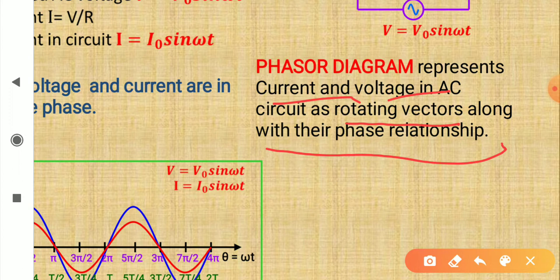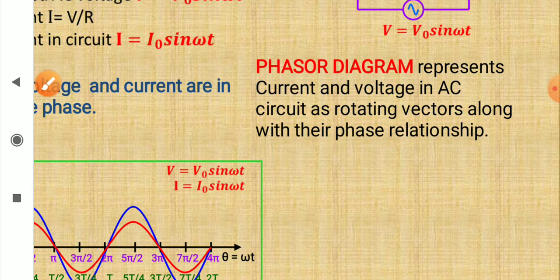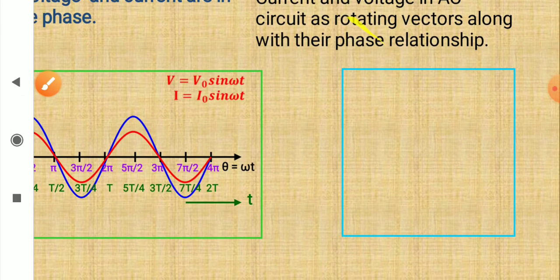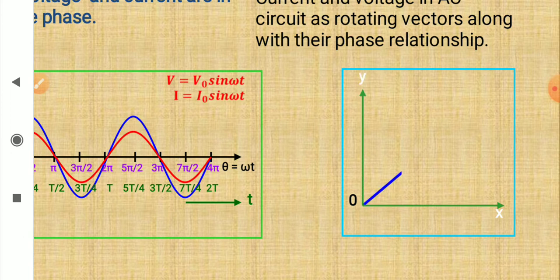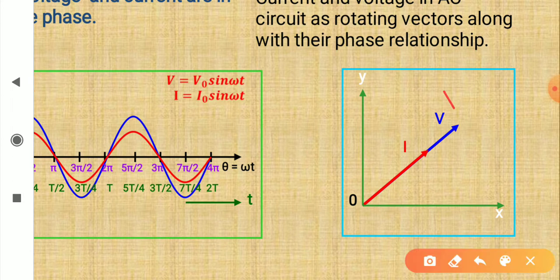So let us have a look at current and voltage through a resistance. See, in a resistance, the AC voltage and current are in the same phase, so they are shown along the same direction.